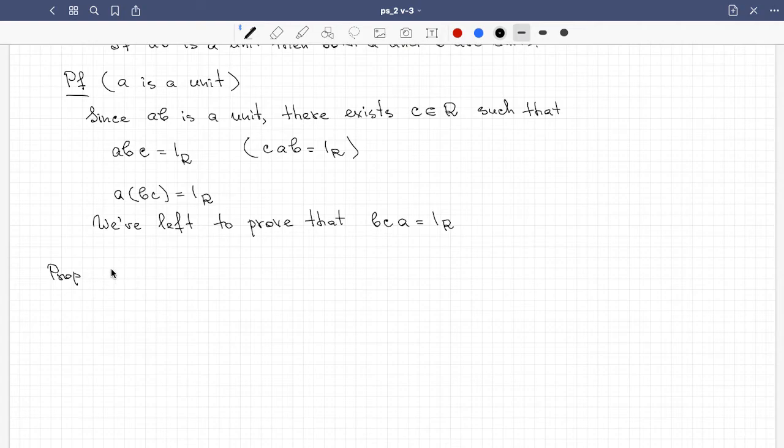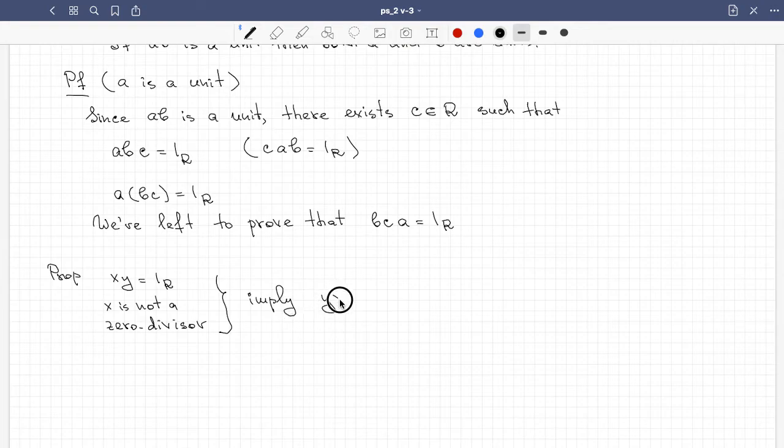If xy is identity in the ring, and x is not a zero divisor, these two imply yx is identity in the ring.